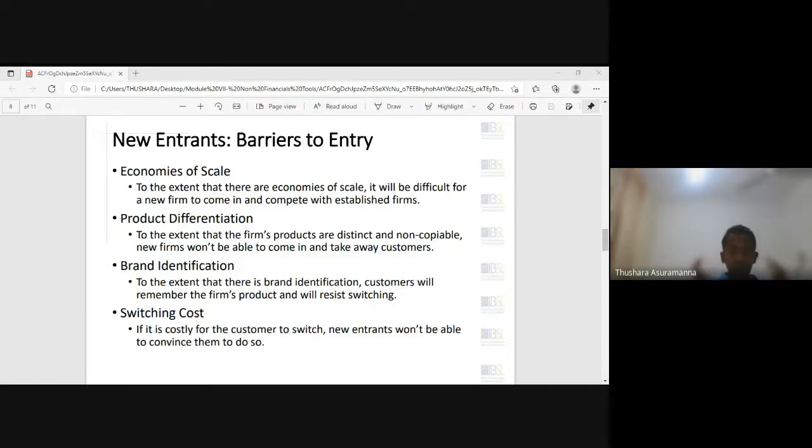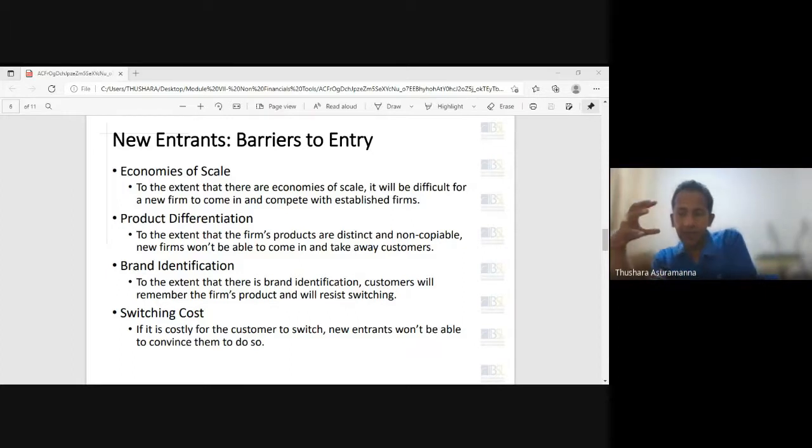That may be a kind of unique product, so it may not be easy for somebody to copy it and do it, because it is a bit unique. So it is not easy for somebody to just copy and do it within a day or two, like overnight. So that is the product differentiation we talk about.